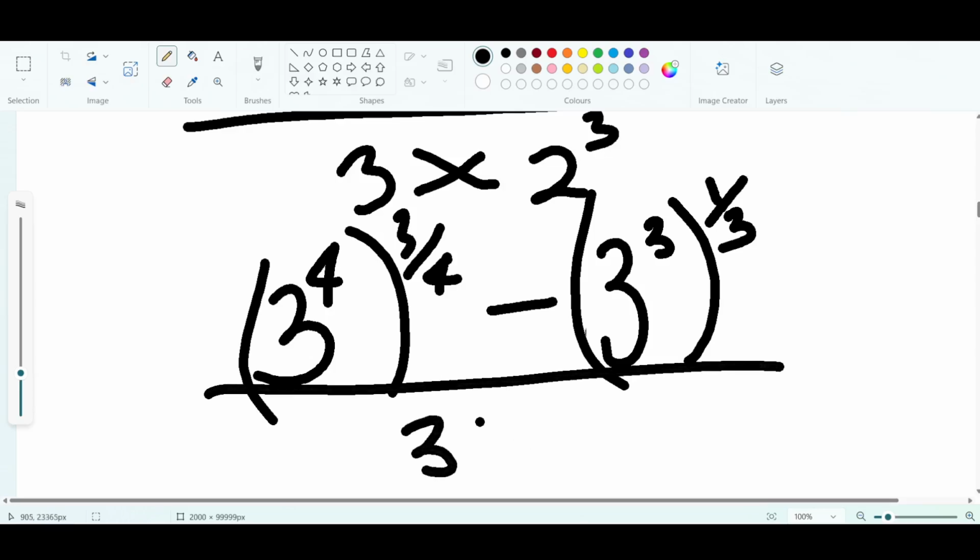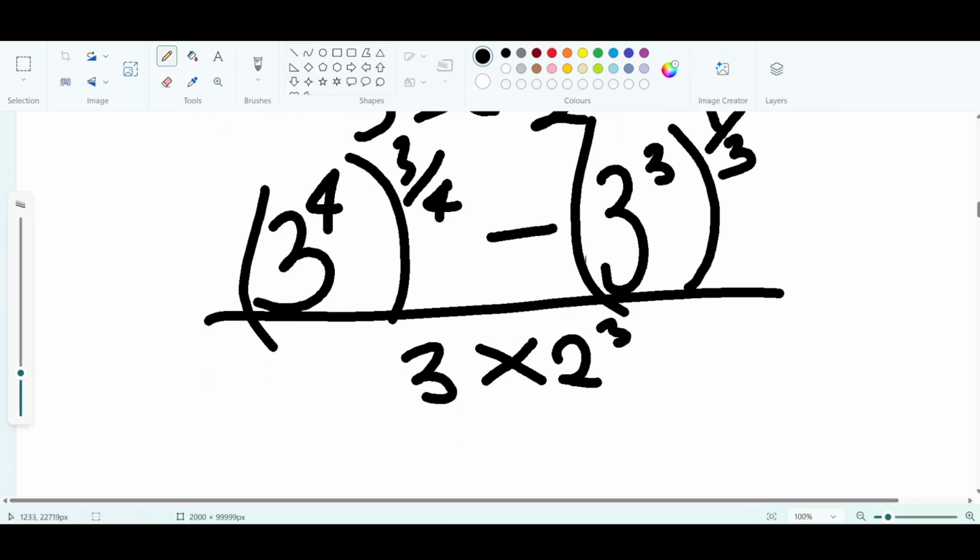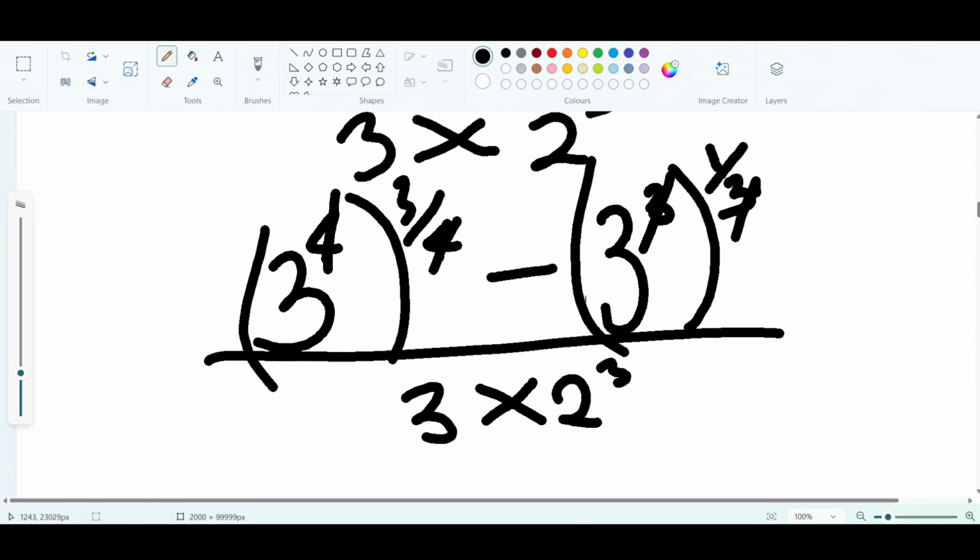So this is 3 times 2 raised to power 3. So when this one cuts this and this one cuts this, we are left with 3 raised to power 3, and this will become 3 raised to power 1.